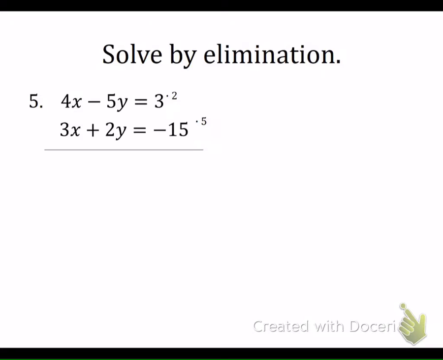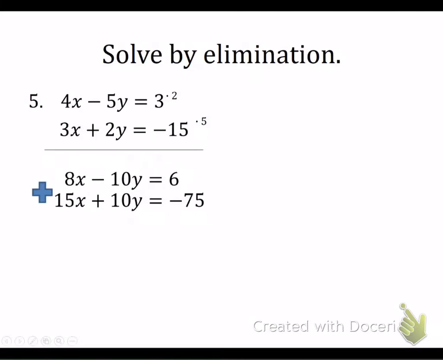So up top, we are going to have 8x minus 10y equals 6. The next one will have 15x plus 10y equals negative 75. We already have the opposites.